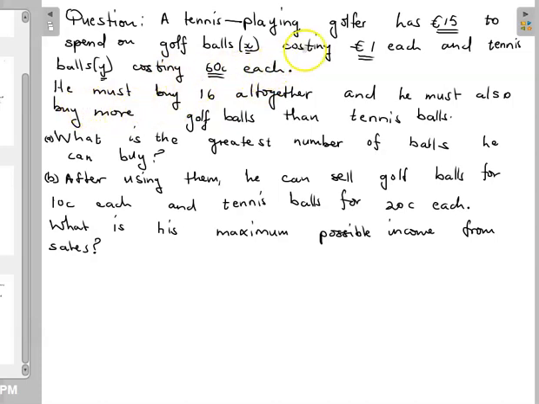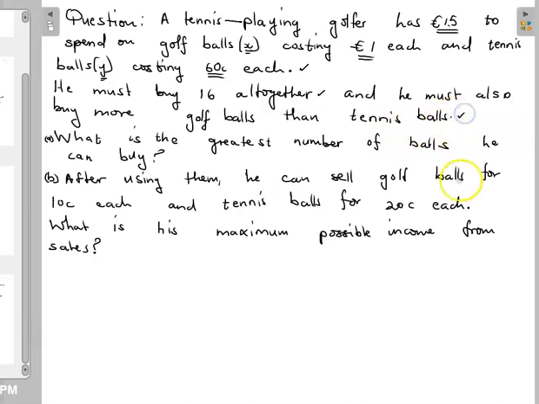So we see that he has a constraint of the total amount of money he has coupled with the cost of each ball. We must come up with an inequality on that. Then he must buy 16 altogether. This again tells us we can come up with an inequality pertaining to that. And he must also buy more golf balls than tennis balls.